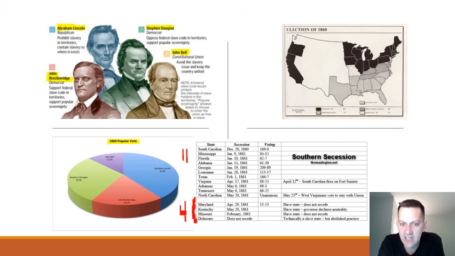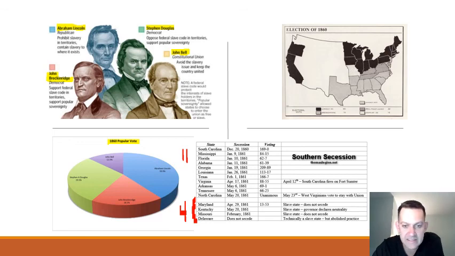Those 4 states, Maryland, Kentucky, Missouri, and Delaware, are referred to in the Civil War era as the border states. Every decision that Abraham Lincoln made as president, he had to keep in mind that if he was too extreme in his action, these border states would leave and join the Confederacy, making them stronger.